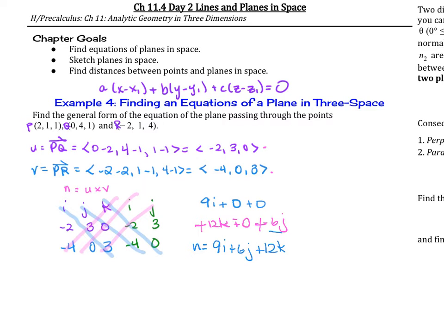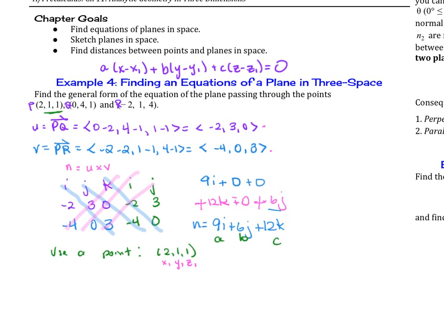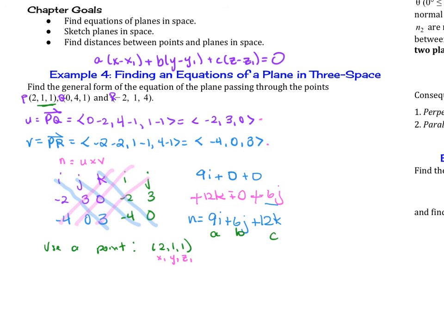From what we did in the previous lesson, this is A, this is B, and this is C. Then we're going to use a point, and I'm going to use P up here, so we're going to use 2, 1, 1, and label that as our x1, y1, z1. Now we're going to find the general form of the equation using the equation up here.